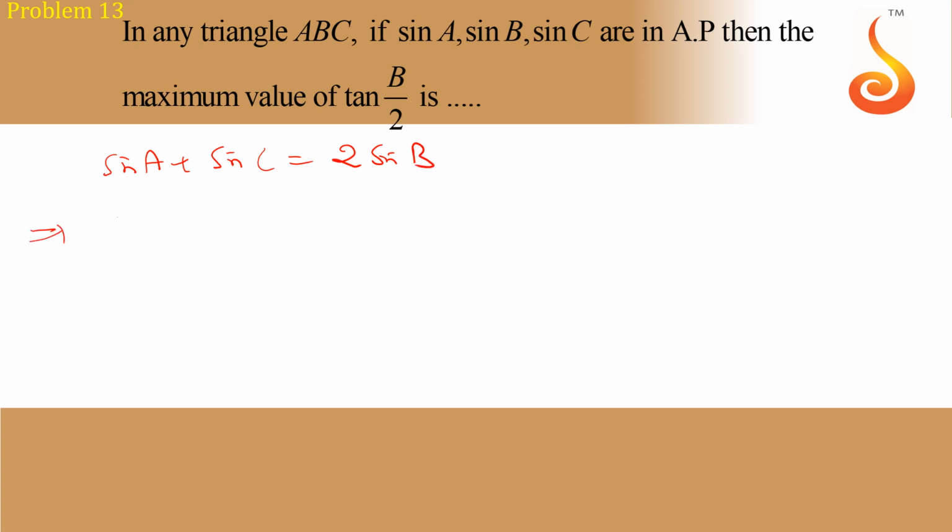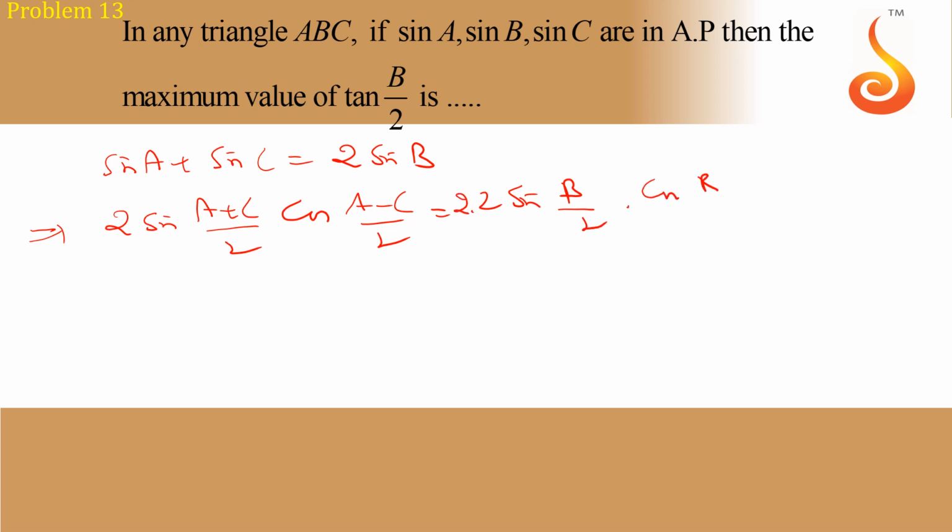So if you apply transformations, 2 sin of A plus C by 2 cos A minus C by 2 equal to 2 into 2 sin B by 2 cos B by 2. So I think 2 gets cancelled. Sin A plus C by 2 is nothing but cos B by 2, which gets cancelled.